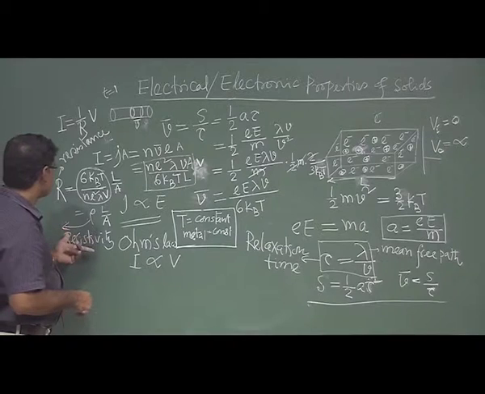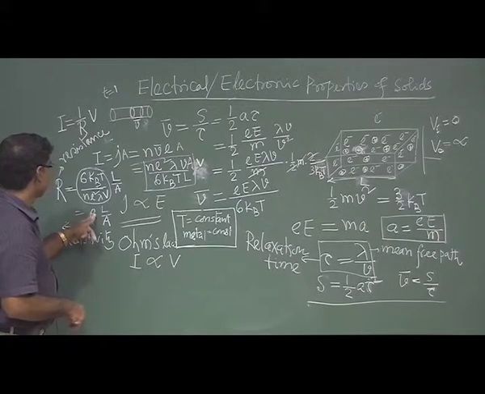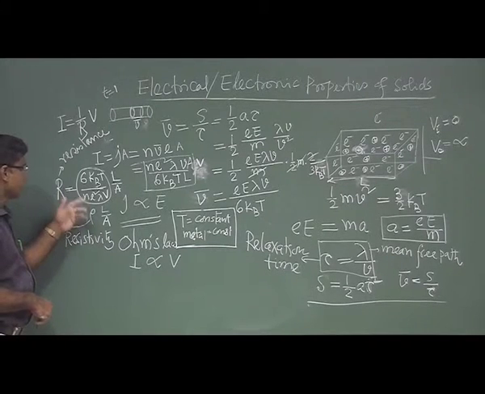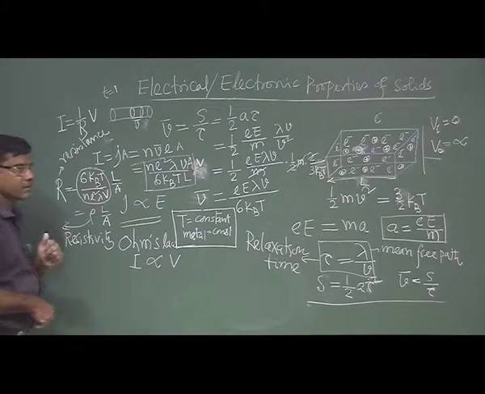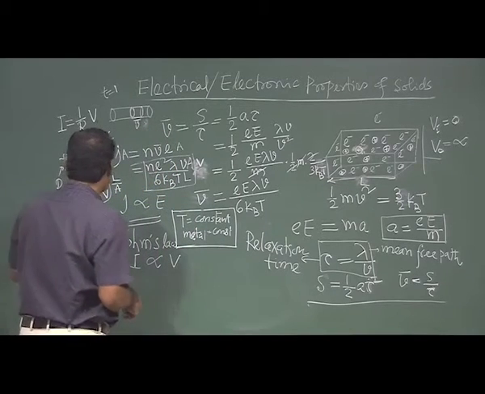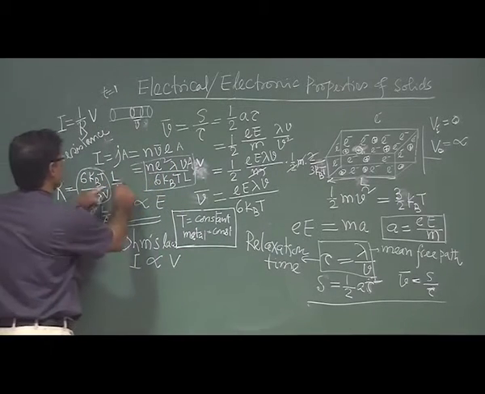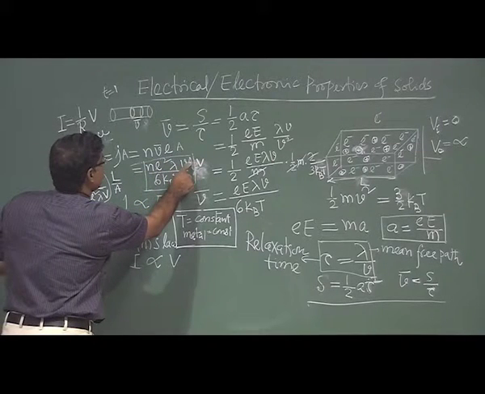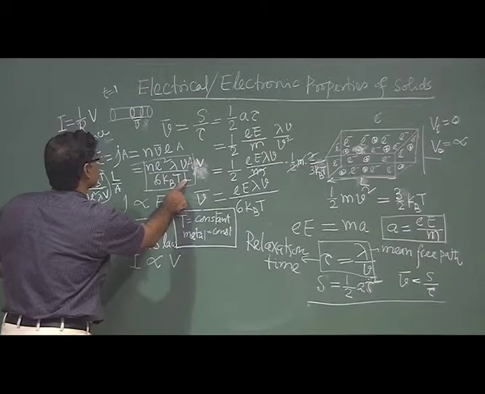So, rho is basically resistance per unit length and per unit cross section, right. So, if I have included A and L, right.